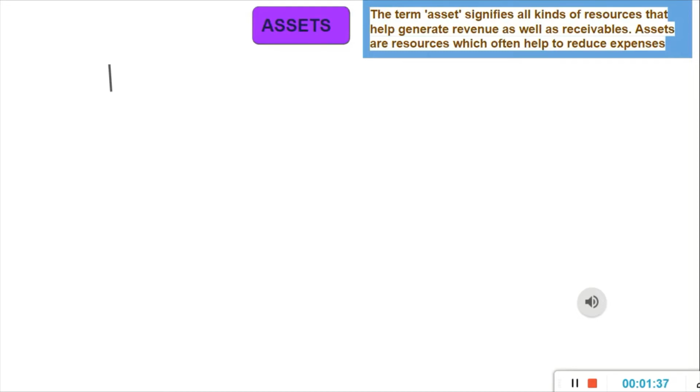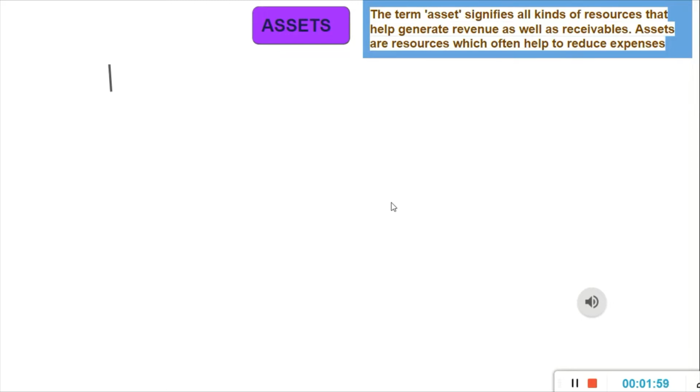Right? We all have our personal assets like our home, our car, our investments like fixed deposit, etc. These all are our personal assets, isn't it? The same way, the business also has its assets.